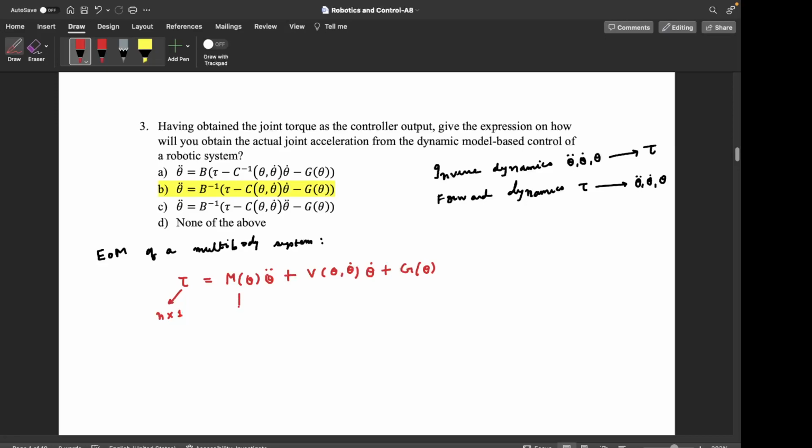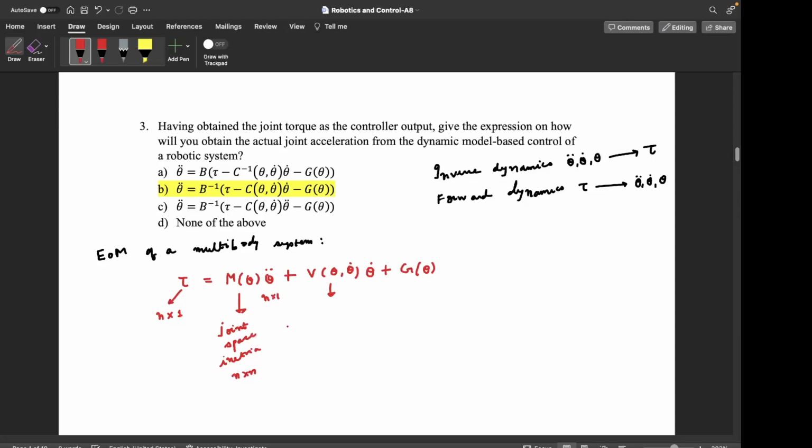Now this is the joint space inertia matrix of the system. What is this? Joint space inertia matrix, right? So this is a symmetric positive definite matrix, basically your mass matrix. So n cross n. These are the joint accelerations, an n cross 1 vector.